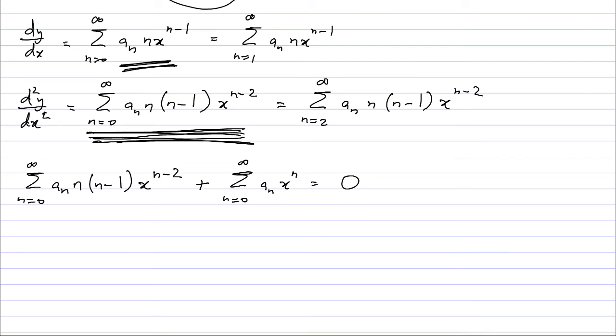The idea over here is to combine the sums into a single sum. But that's not so easy to do, because you have x raised to power n minus 2 in one and x raised to power n in the other.